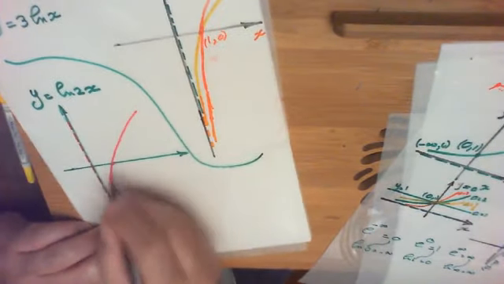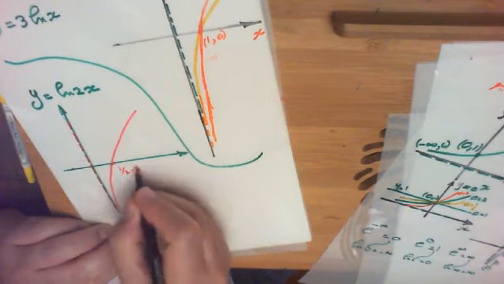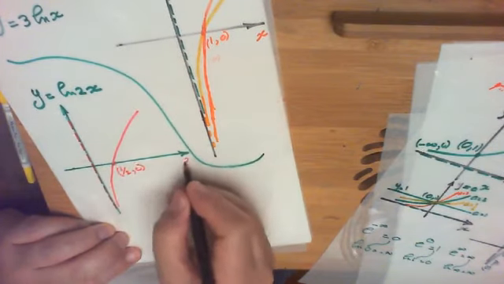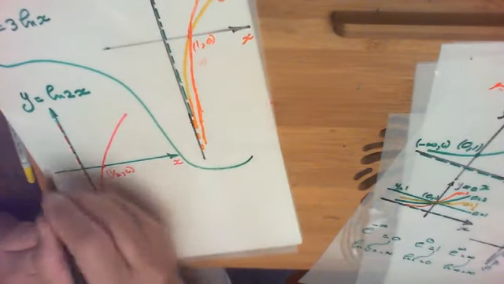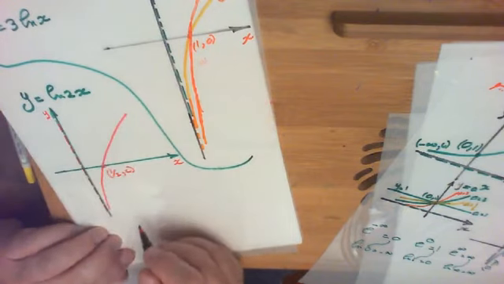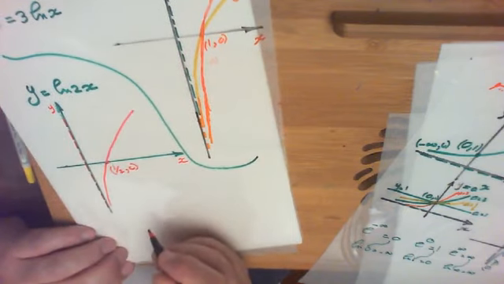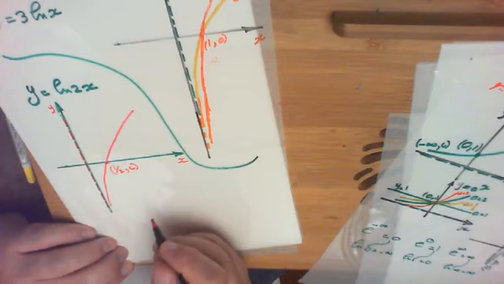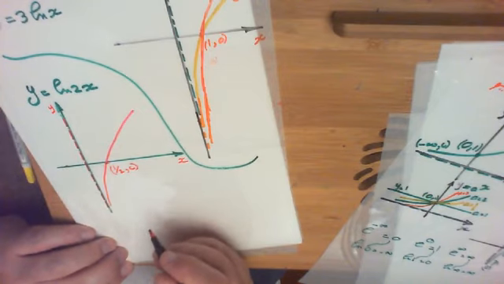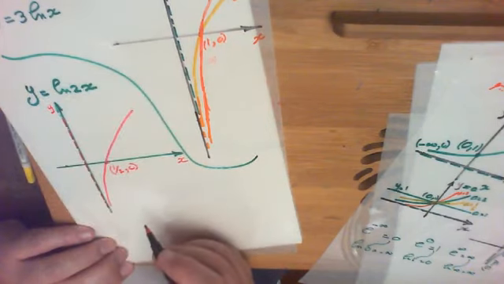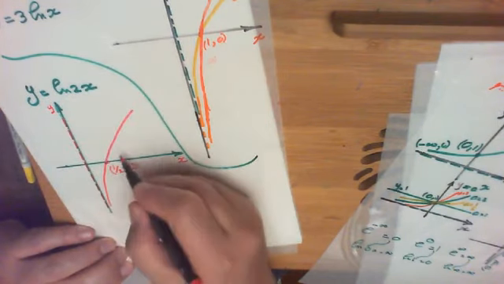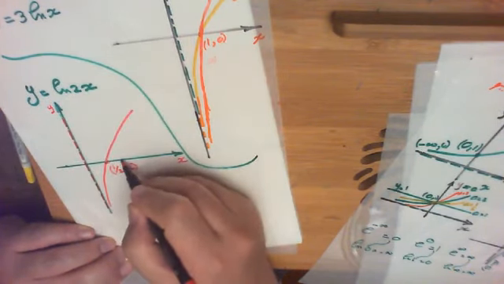This point is (half, 0). Okay, but if you want to compare with the original curve, how it looks like: as you remember, ln x would start here.